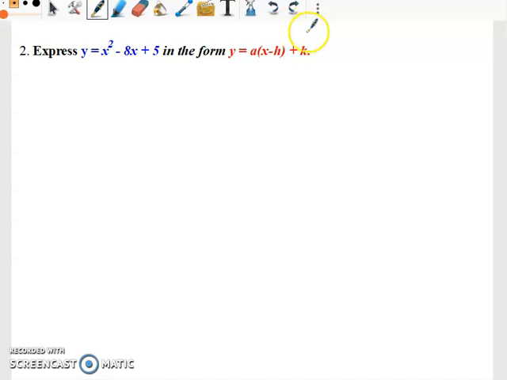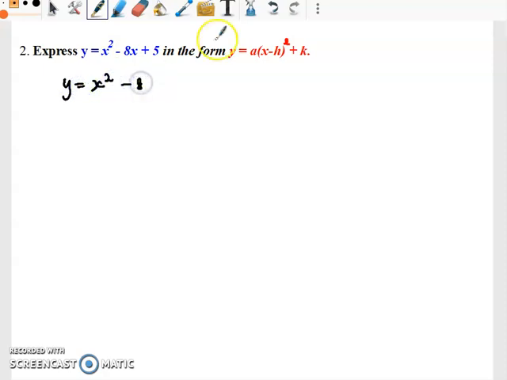So express y equal x squared minus 8x plus 5 in the form y equal a open bracket x minus h all squared plus k. And remember the procedure that we went through earlier. So let me carry down this function.